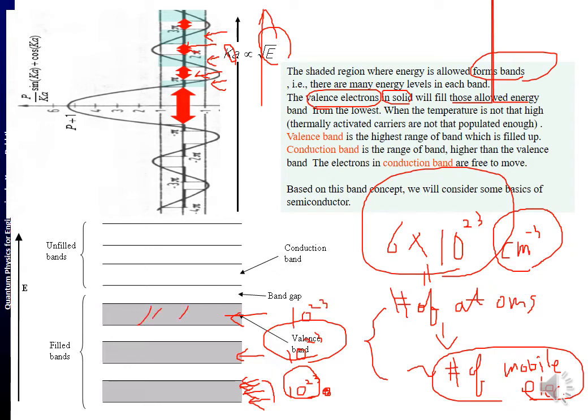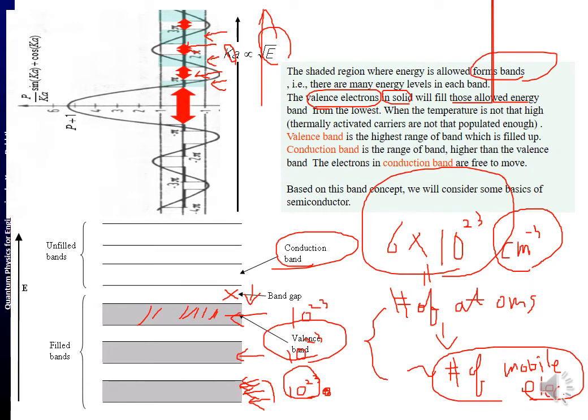Then you have fully used all the electrons, and there is a band gap. The next band has available energy states, but you didn't fill electrons into those states yet. That is called the conduction band, and right below that conduction band, we call it the valence band. So this is the meaning of the conduction band and valence band.